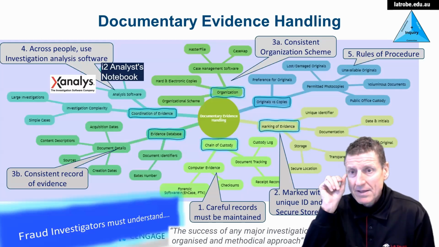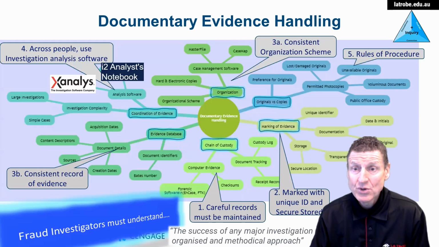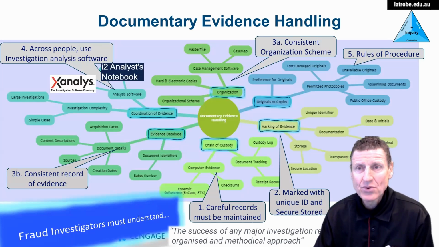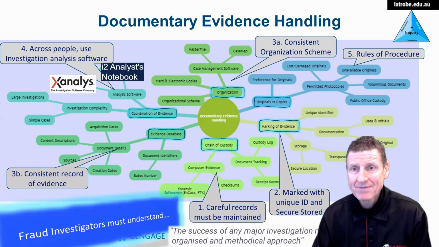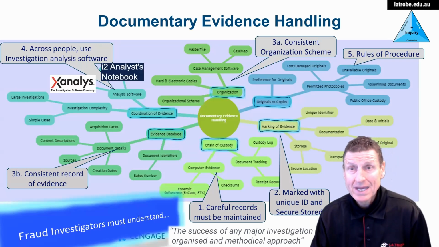Number 2, the marking of evidence, marked with a unique ID and securely stored. So we need to be able to mark and store the evidence. Number 3, we need to have a consistent organization of the documents, including a consistent record of the evidence. So 3A and 3B go together.